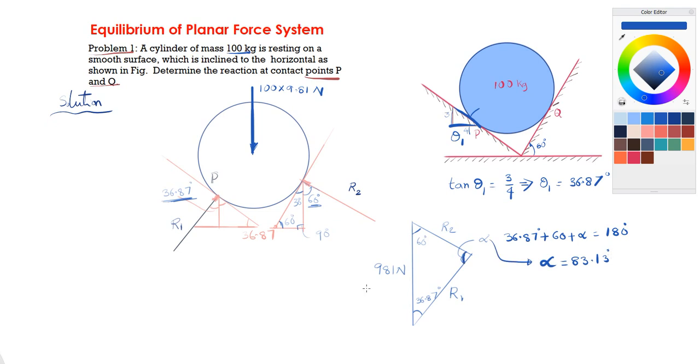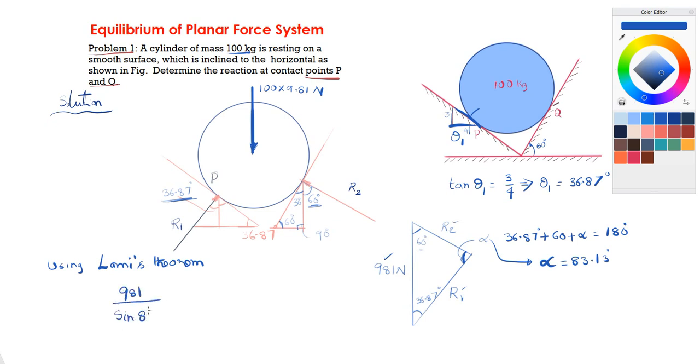Now once we have calculated the three angles, because the system is in equilibrium, we can apply Lami's theorem to find out the unknown forces. What is Lami's theorem? Lami's theorem says that if three forces are in equilibrium and they are forming a triangle, we can write the sine rule. So we can write 981 divided by sine alpha.